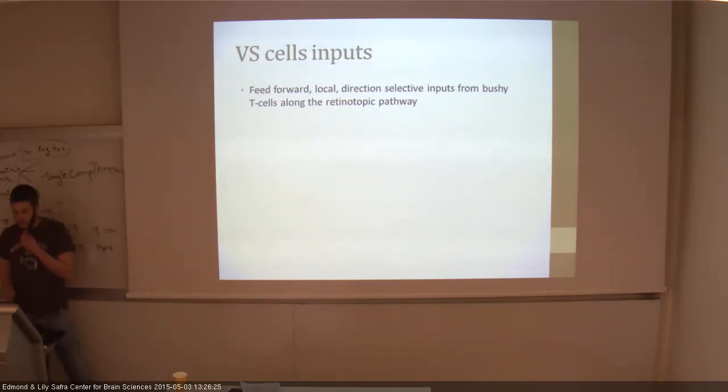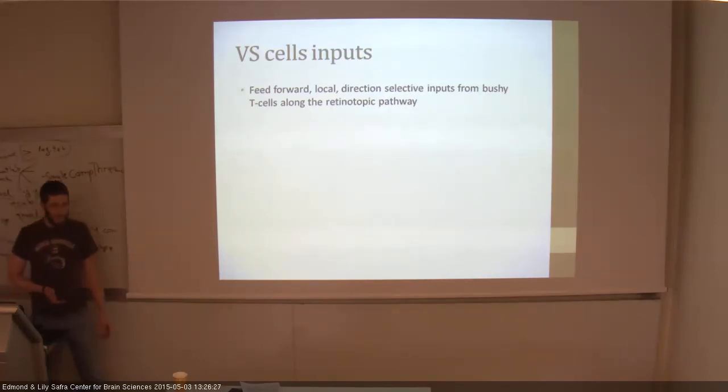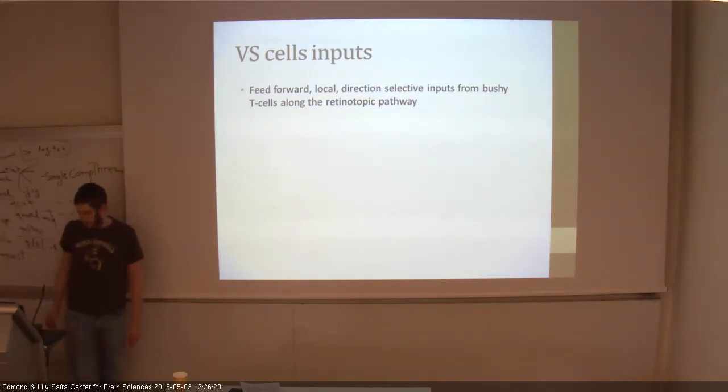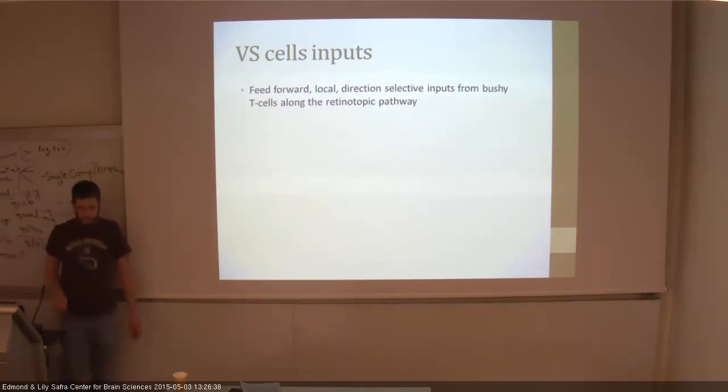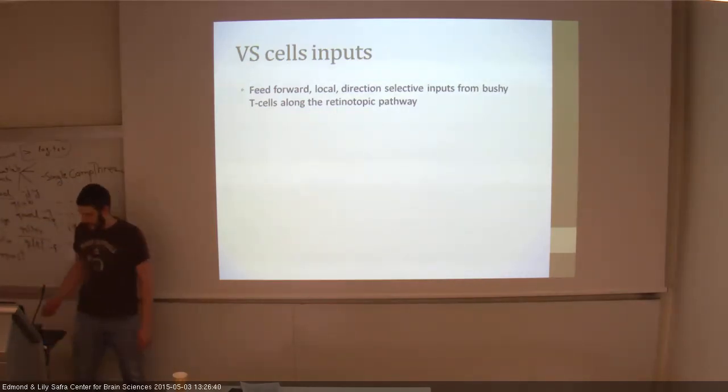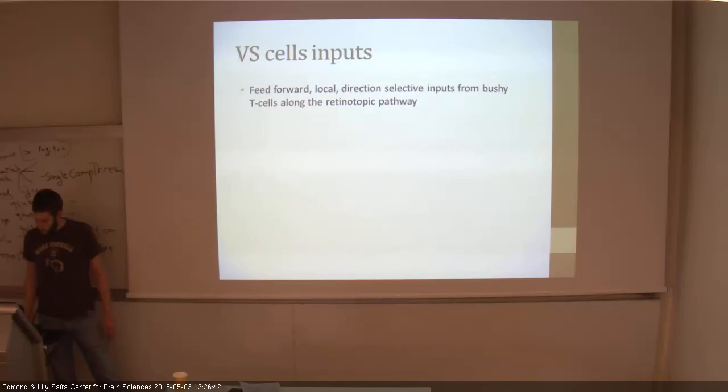Direction selective means they mostly respond to a specific directional stimulus, like we saw with the cats. The inputs are from bushy T cells, a kind of cell in the earlier layers. So this is the feed-forward input that they get.